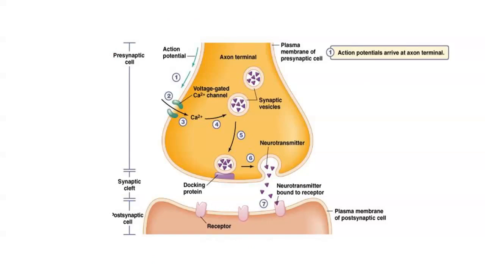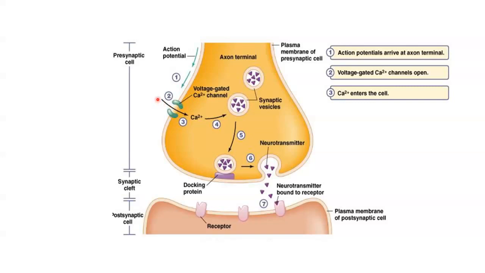So when we want a muscle to contract, an action potential will travel down along the axon of a motor neuron to the axon terminal, so to the very end of that motor neuron. The change in membrane potential in that axon terminal will cause voltage-gated calcium channels to open.